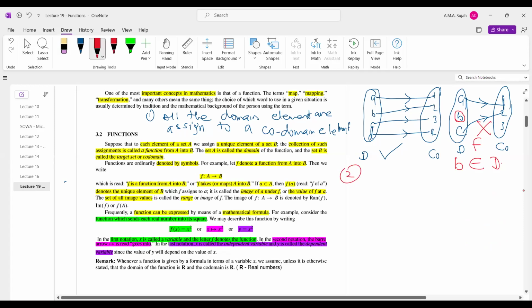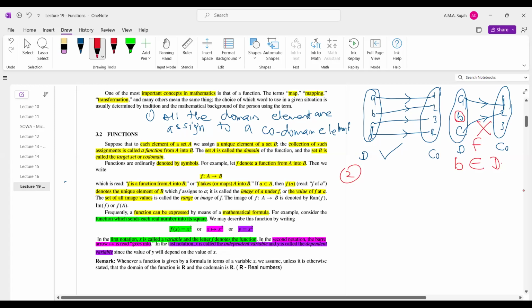Second point. It is not mandatory that all the codomain elements have a relation with the domain elements. In the previous case, all the domain elements must be assigned with a codomain element, so you cannot miss any domain element. If any domain element is missing, that is not a function.